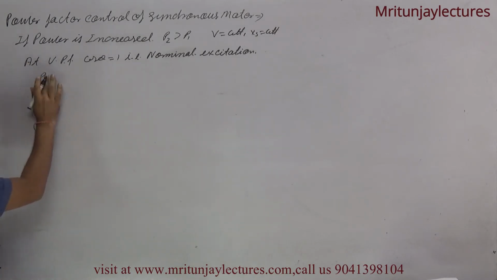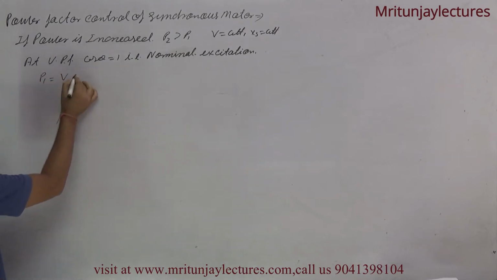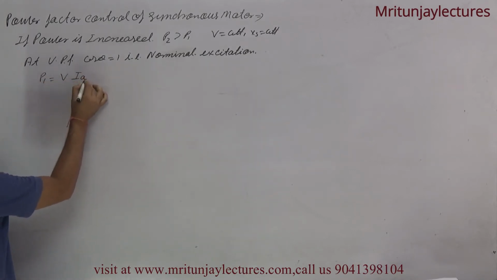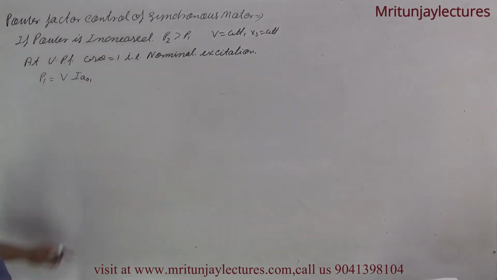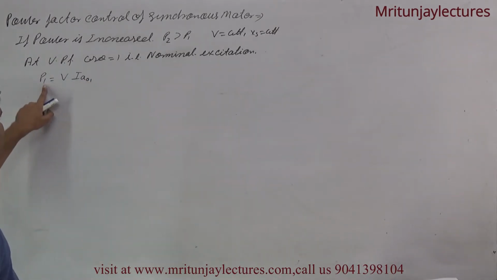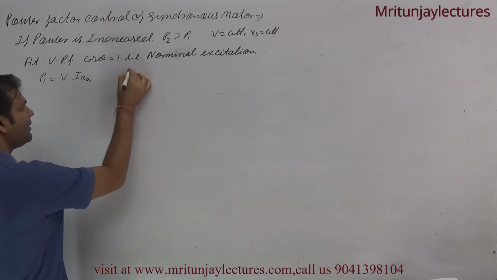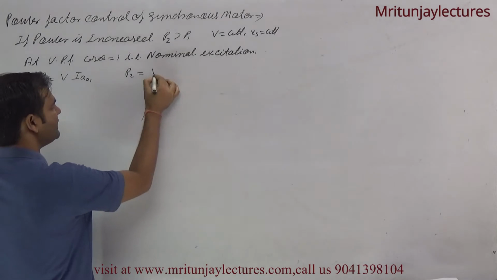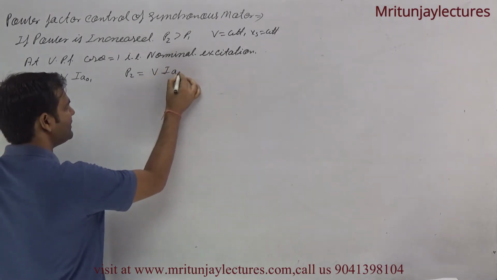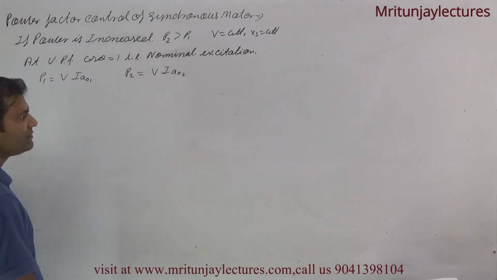Now, what about power P1? The terminal voltage is constant, that's why it is written as V. And what about the nominal excitation current? Suppose that is IA01 for power P1. And if power is P2, then the nominal excitation current is IA02.